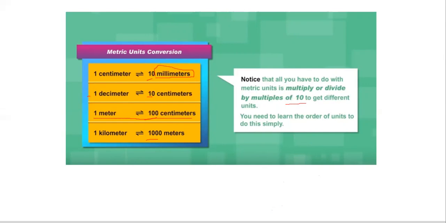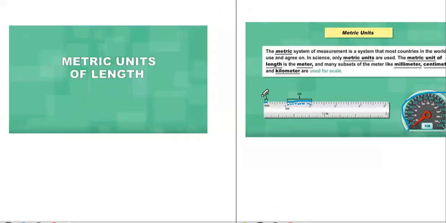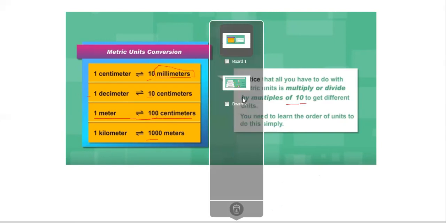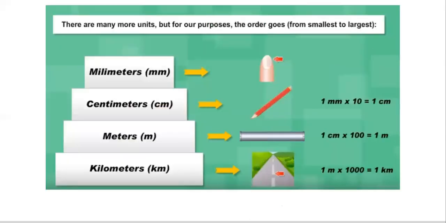Okay, let's go back to the scale if you want to check again. This is the millimeter, and this is the smallest unit. Let's continue. I have put it for you in a pyramid. The millimeter is the smallest.